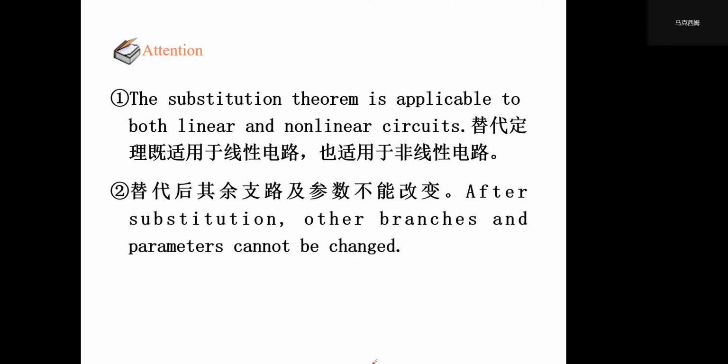And the second thing we have to memorize is that after the substitution, after replacement, all the other parameters on other branches should not be touched. We don't change any other stuff.